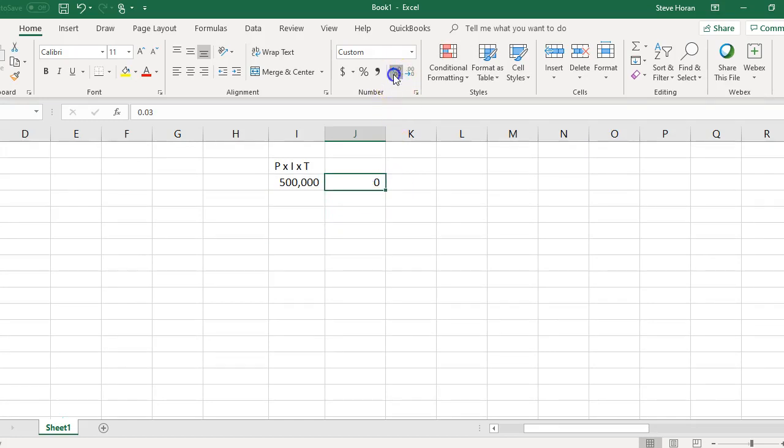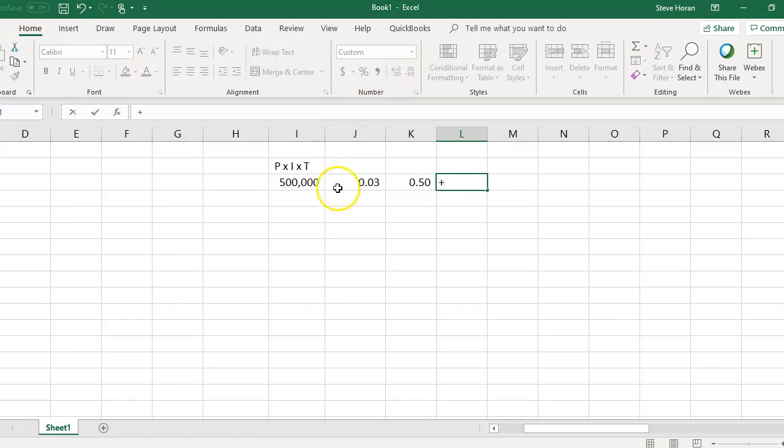And time is based on a year. Well, the time component was half a year. So just think 6 months out of 12. And that turns out to be half a year. So interest is principal times interest times time. I get $7,500.